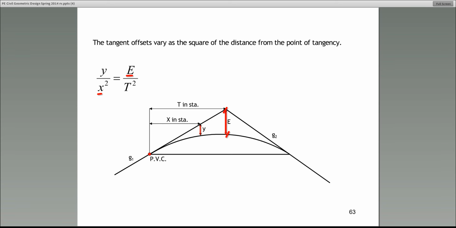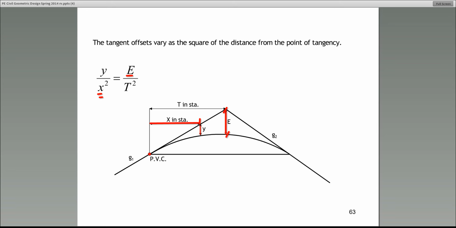This x is important. Lowercase x is the distance between the PVC and the point on the curve that we are interested in, in terms of stations. It is the distance between the PVC and the point at which you're interested in the tangent offset value. Did everybody follow that?